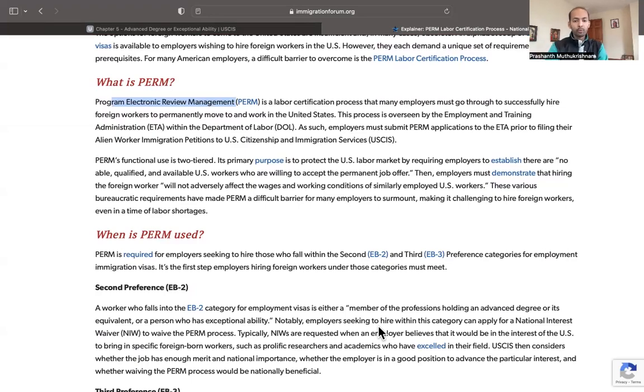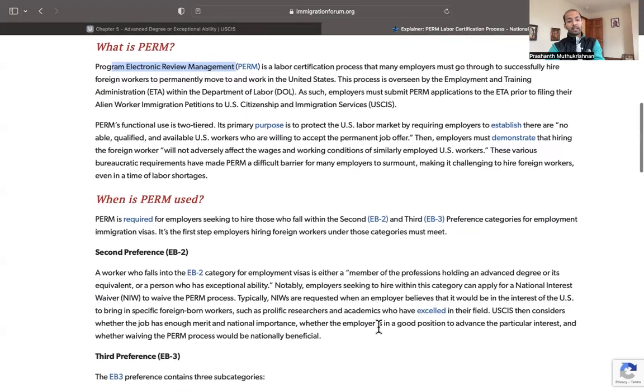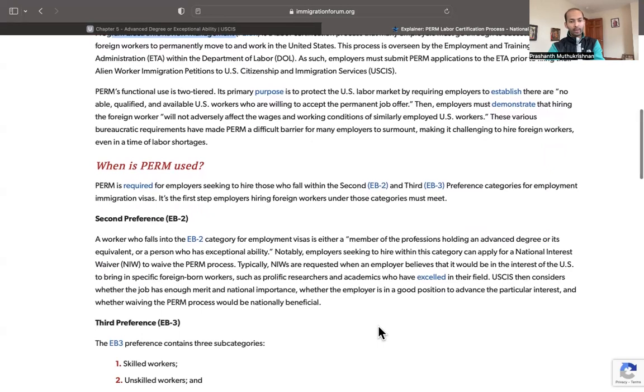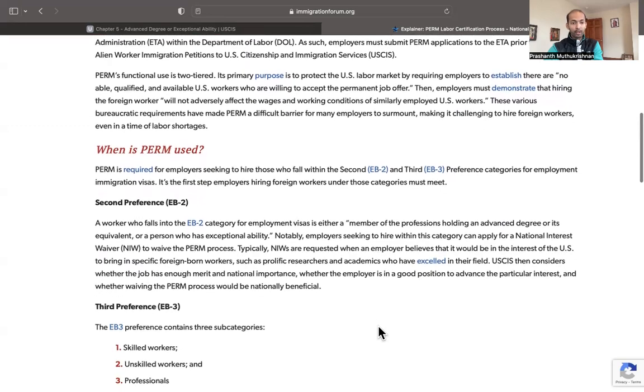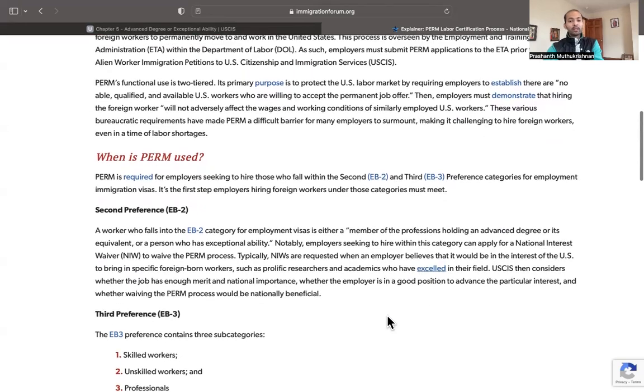And they're trying to prove that they've tried enough to get somebody from within the US, and they can't find anybody as good as Prashanth, and that fits the criteria for the job, that meets the requirements of the job. Okay, so that's what the PERM is all about.